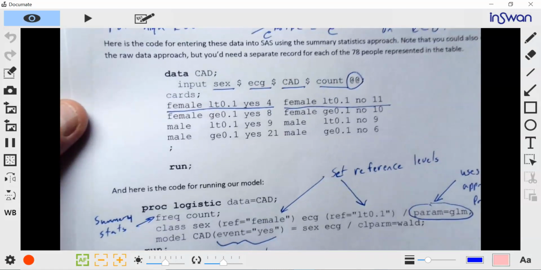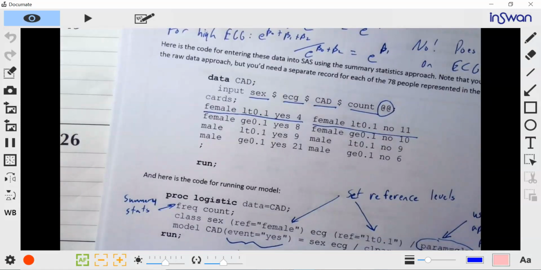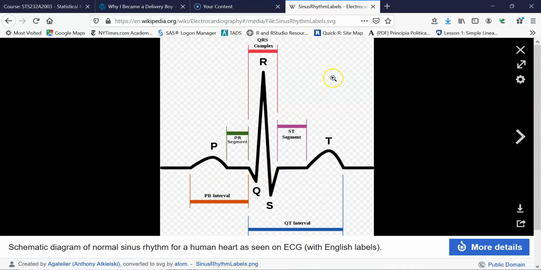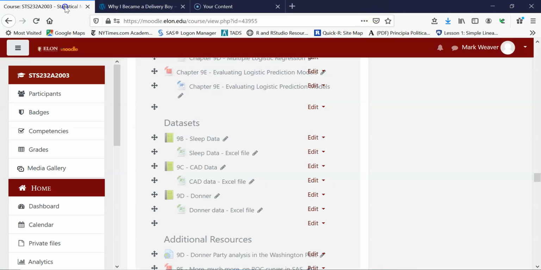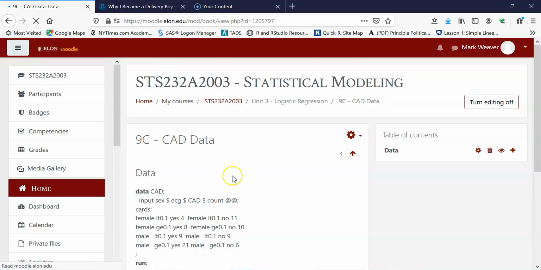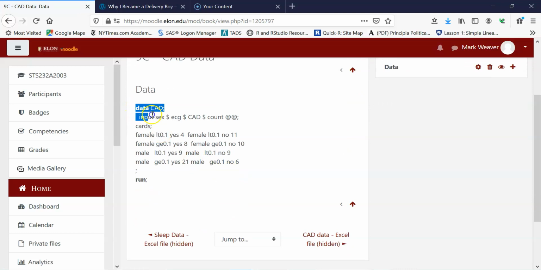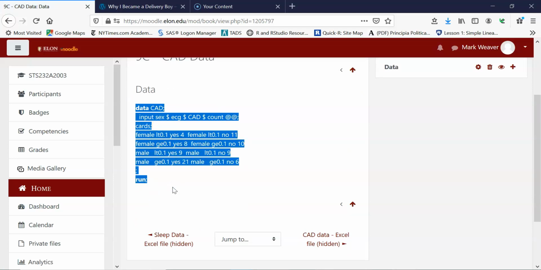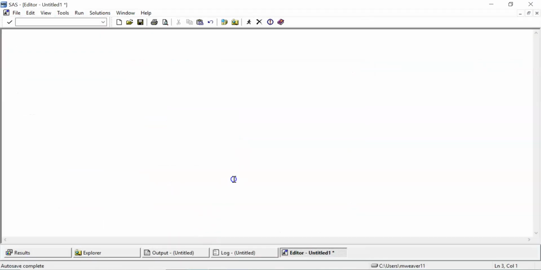So let me run this quickly in SAS. Close this. And my data set is here in the CAD data. Here are the same data that I have in my notes. Pop them into SAS.